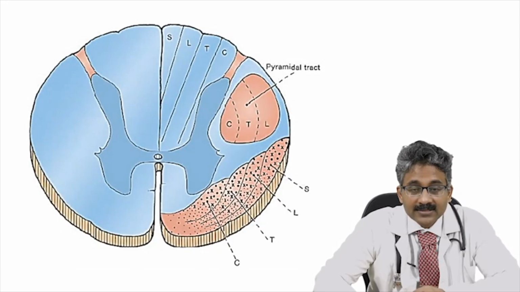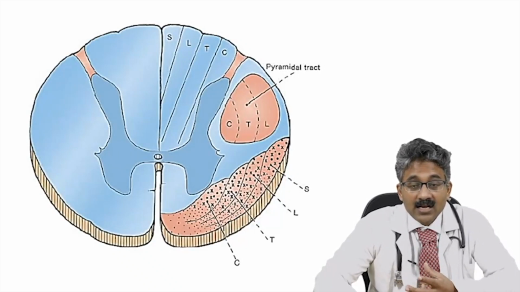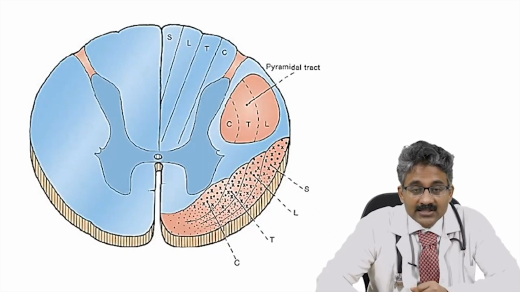So if any intramedullary lesion is there, the last fibers to be affected are the sacral fibers, that is, sacral sparing. Sacral sparing is a feature of intramedullary tumors like syringomyelia and ependymoma, because sacral fibers are peripherally situated.